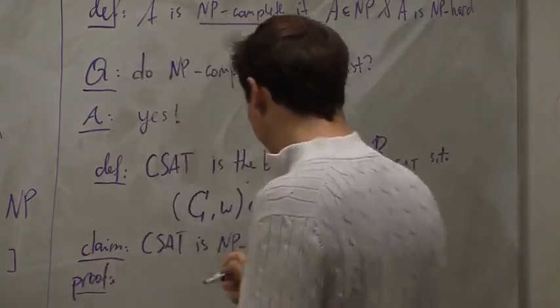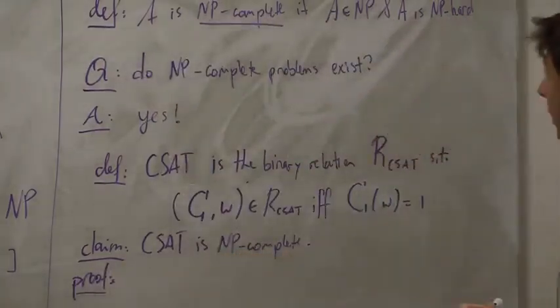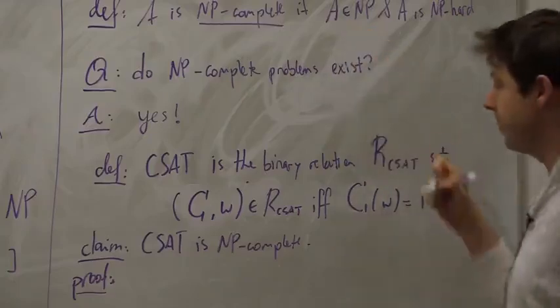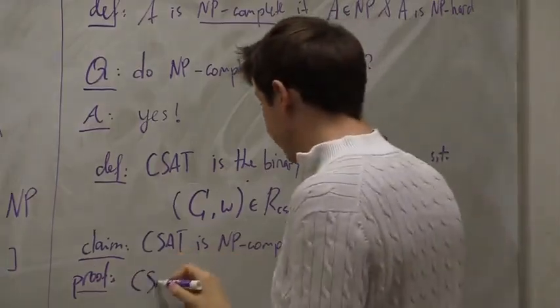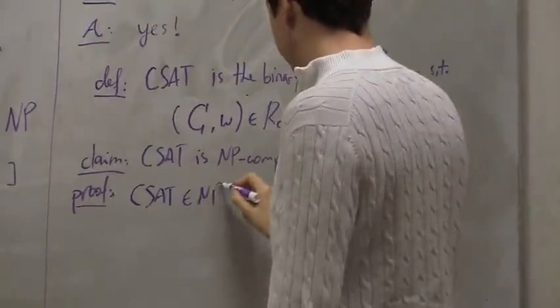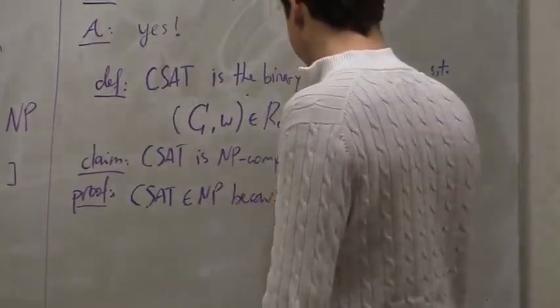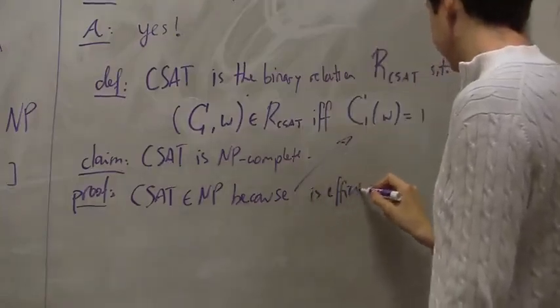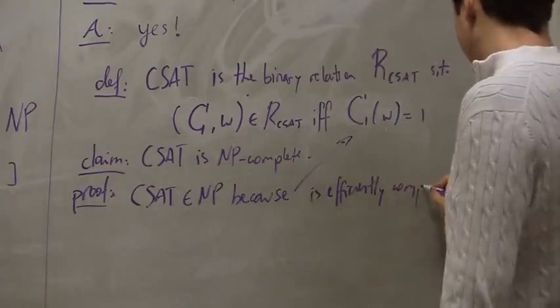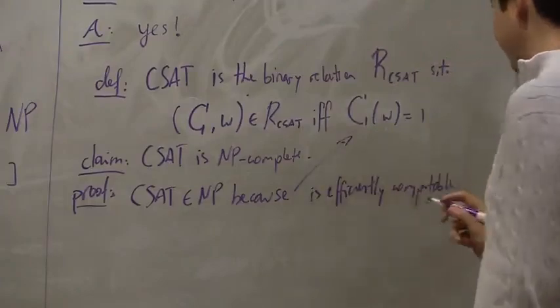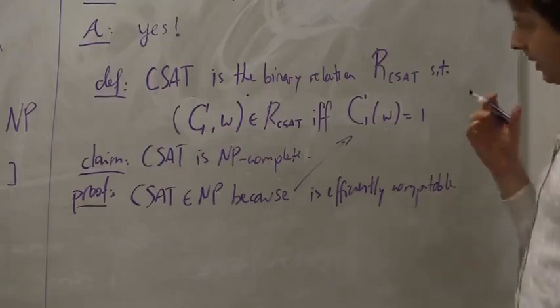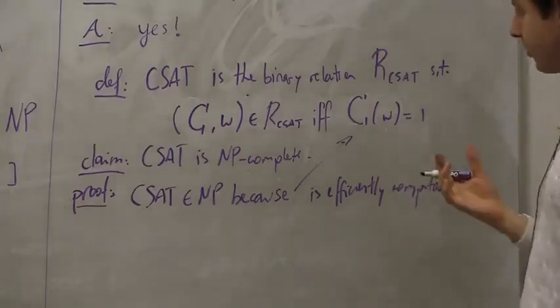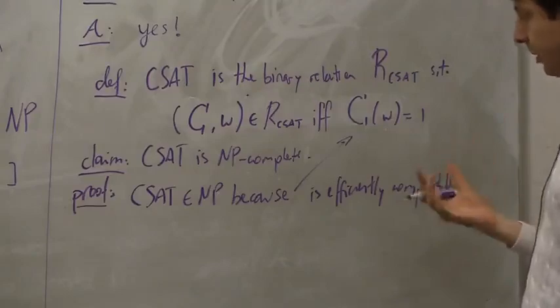Well, to prove that it is NP complete, we need to show, first and foremost, that it is in NP. Well, CSAT is in NP because this process is efficiently computable. Okay, so let's unpack this. Remember that a problem is in NP if the decision problem is efficiently computable.